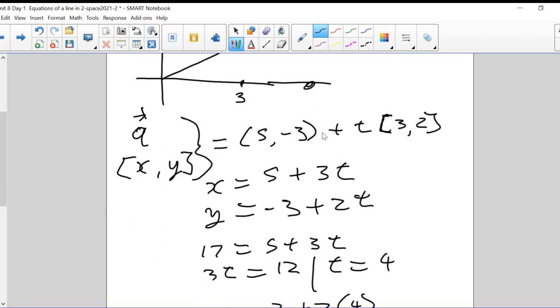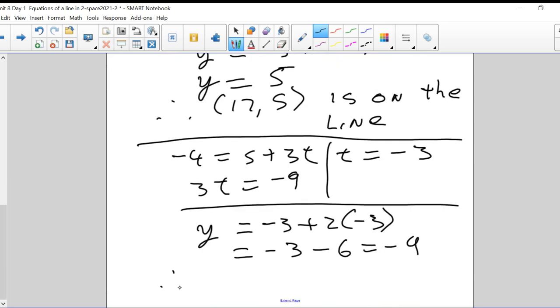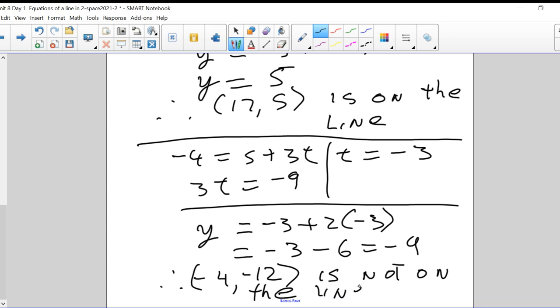So minus 4, minus 12 is not on the line, because when you use a t value of minus 3, it does not generate the required y value.